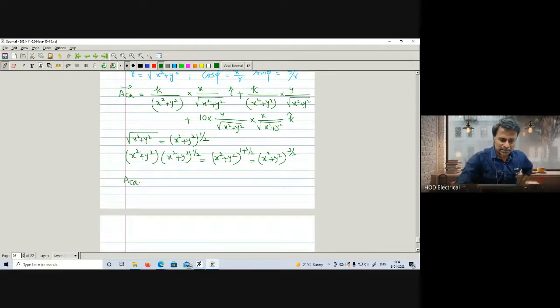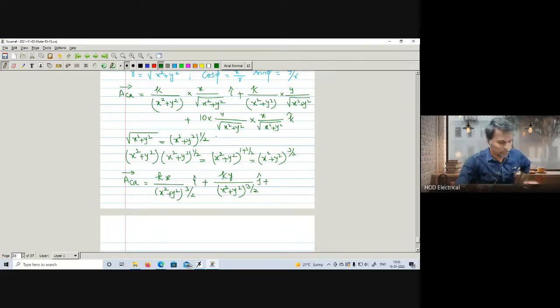A in the Cartesian coordinate is equal to, substituting now, we have kx divided by x square plus y square the whole power 3 by 2, into i gap, plus ky divided by x square plus y square the whole power 3 by 2, into j gap, plus this is root of x square plus y square into root of x square plus y square.